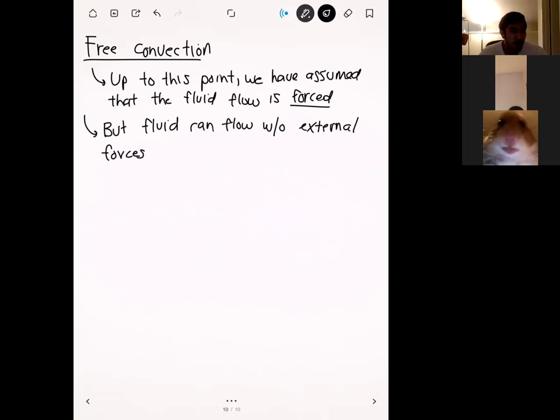You can actually have fluid flow in situations without someone or the weather doing anything. What this relies on, which is kind of surprising, is buoyancy. Hopefully you remember buoyancy from your fluids classes. The idea is that if you have differences in density within a fluid, that will cause buoyant forces.